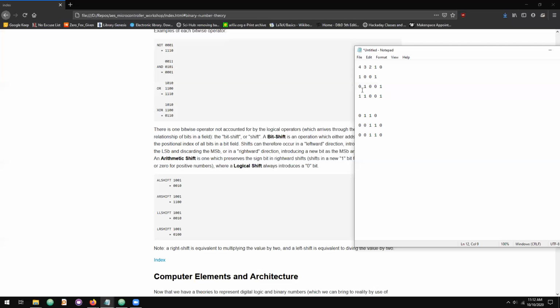A sign extension is basically just taking the most significant bit and padding everything to the left of it. So let's say we had 8 bits of representation, and we had a value down here that was just unsigned integer 1.